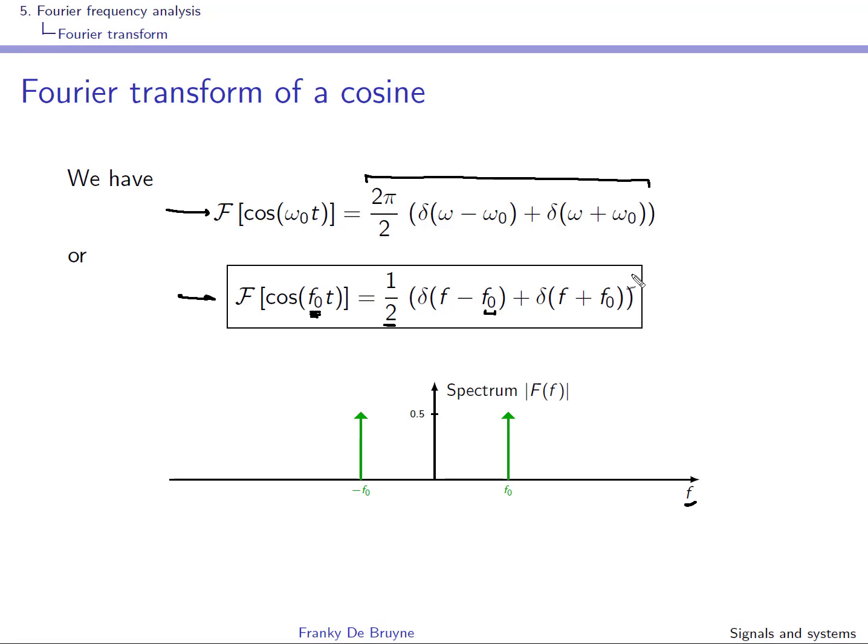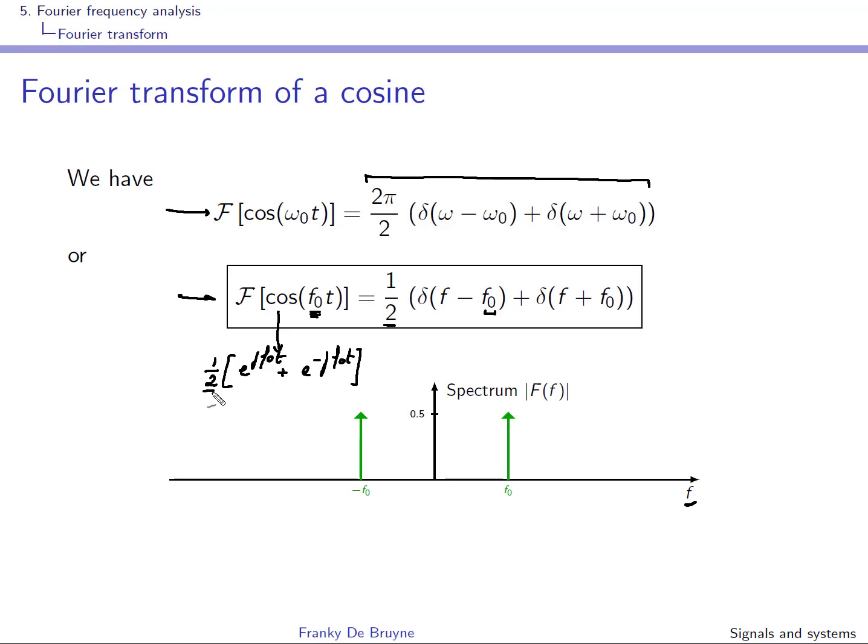If it does, you should go back to section 2, where we have seen that a cosine can be constructed as the sum of two phasors, one exponential of j 2 pi f0 t plus another exponential of minus j 2 pi f0 t.